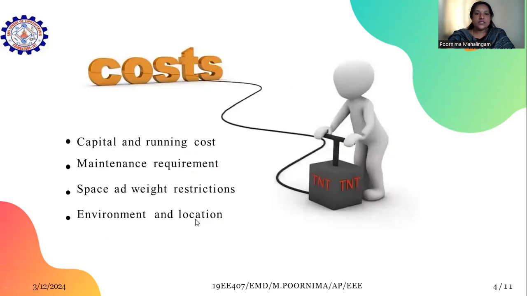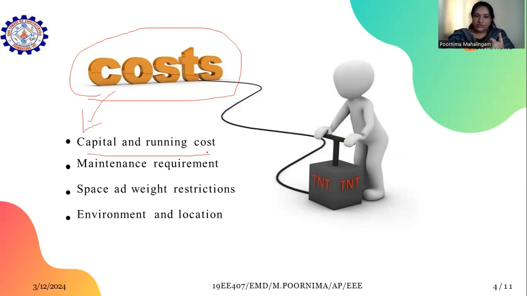Okay. The next main thing is cost. In this, we have four main factors. First is the capital and running cost of a drive, and how much maintenance is required. The maintenance cost is also most important. The next thing is space and weight restrictions, because weight and space are also important.